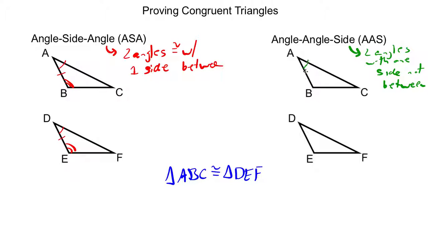So here if I have angle A is congruent to angle D, angle B is congruent to angle E, I could say that side AC is congruent to side DF, or I could say BC is congruent to EF. Either one of those sides is not between the two angles. So that means that it is angle, angle, side, and the two triangles are congruent.